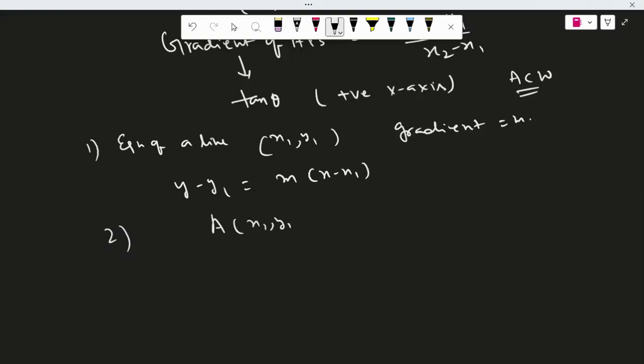Rajveer, why would it be like that? This is the equation of a line. If a line is passing through one point and the gradient is given, then we will use this formula.